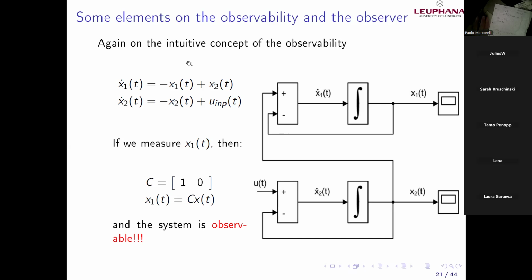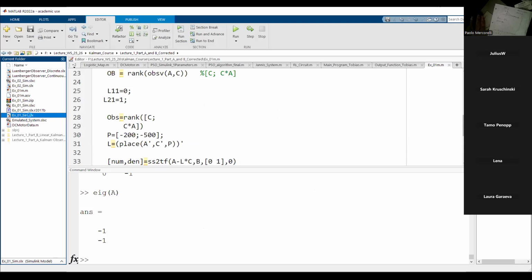Let me go here. It should be this one. I upload for you this simulating file. Let me look if this is really the system corresponding to this M file.